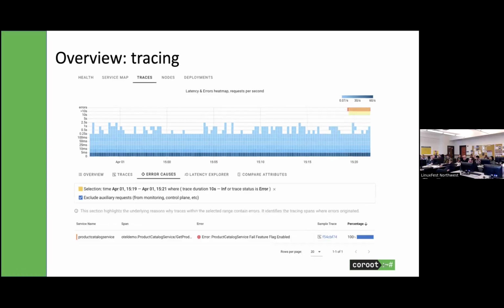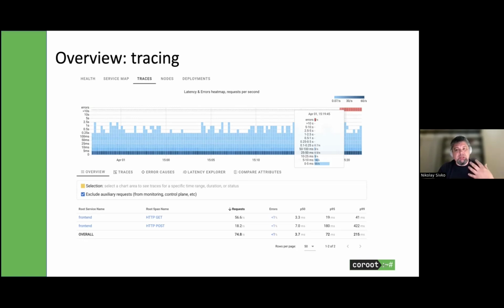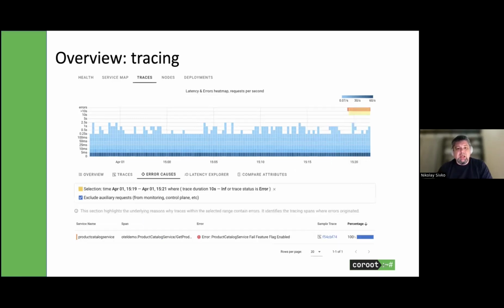So we can just select the service and understand what happened here. We can allocate the service, in this case it's the product catalog service, and we understand that 100% of these requests are related to the service. Pretty easy, but the most important point here is to have what I call a telling overview, and it's easier to understand.